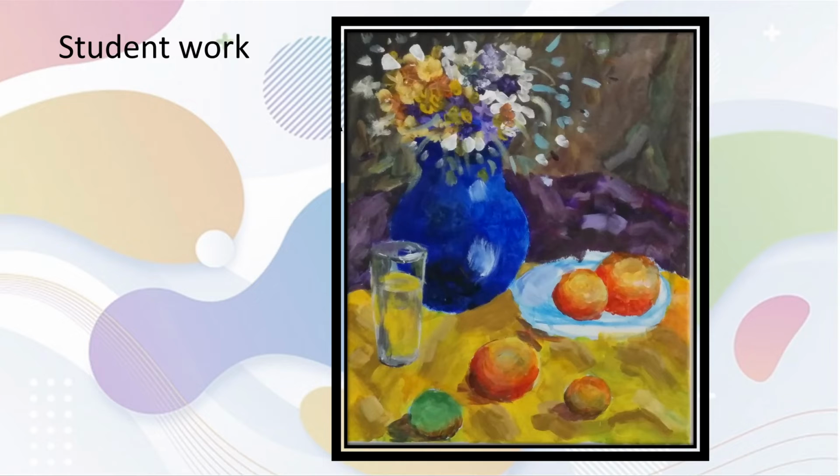Here is a student's artwork of a still life painting. The vase is a great example of how to use color to show value change. They did not simply add white to blue to make it lighter. Instead, they used many different blue hues, including ultramarine, cobalt blue, cerulean blue, along with white in the highlighted area.